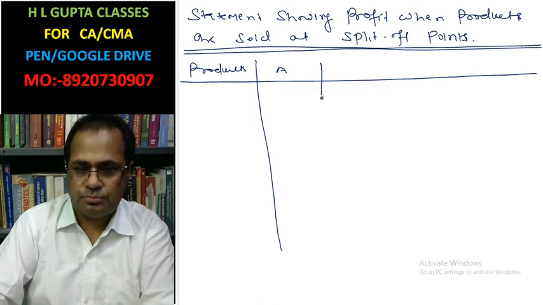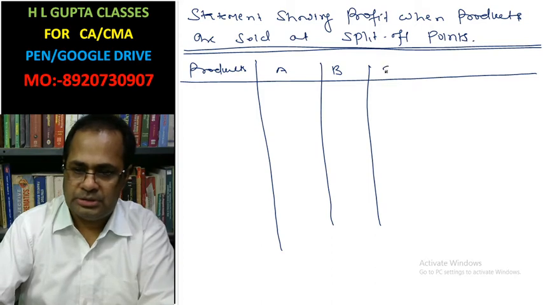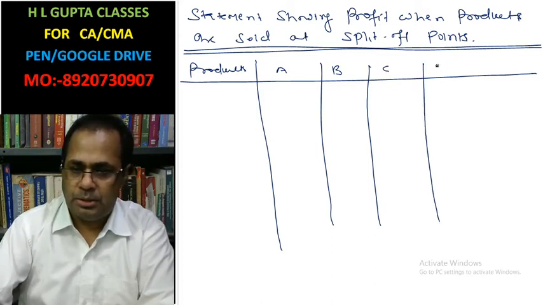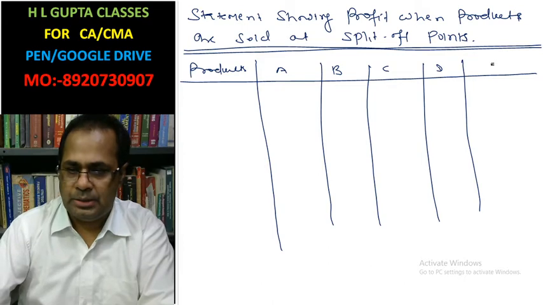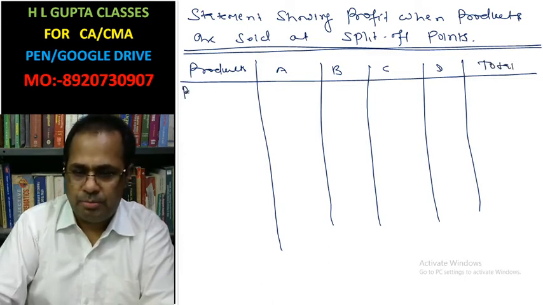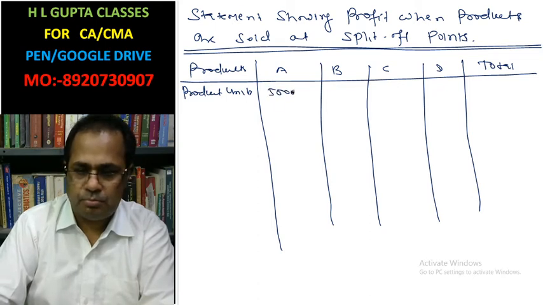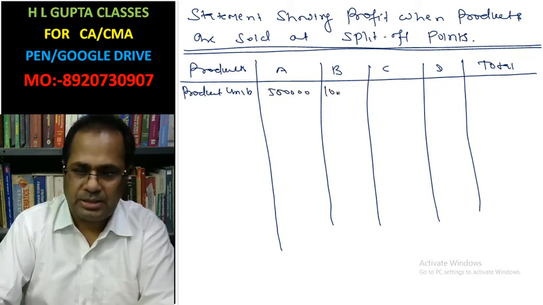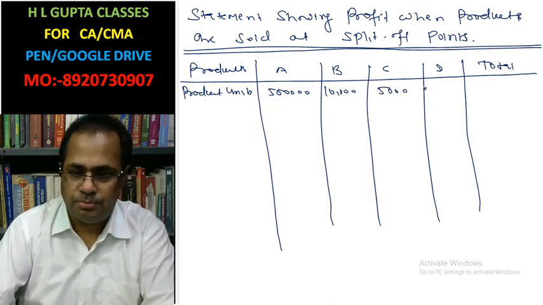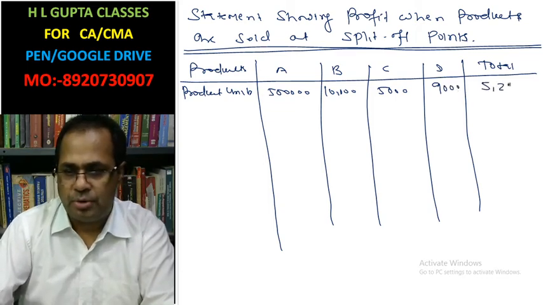A, B, C, D, total. Product units: 5 lakh, 10,000, 5,000, 9,000, total 5,24,000.